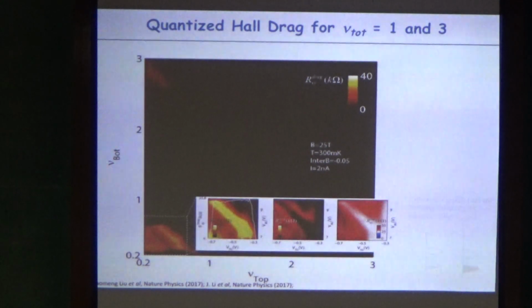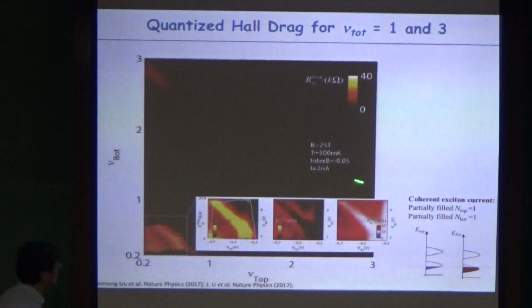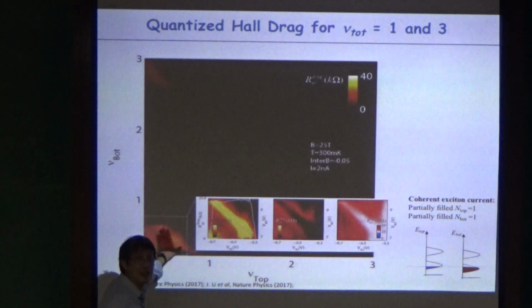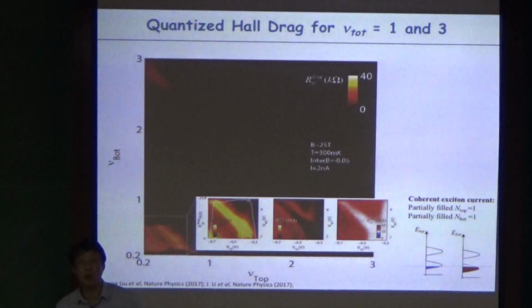If you zoom in, it shows a nice quantization behavior. Using the language you learned from the 2D semiconductor heterostructures, we know this is where my magnetic exciton condenses, along this line where the total filling fraction is 1.